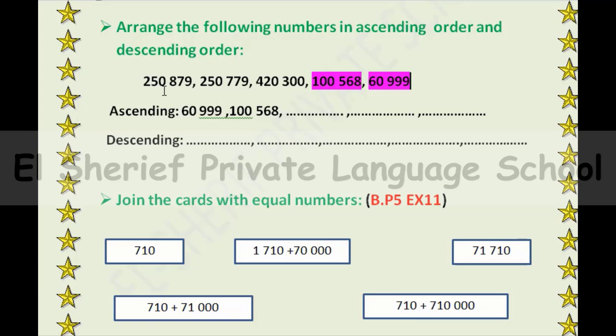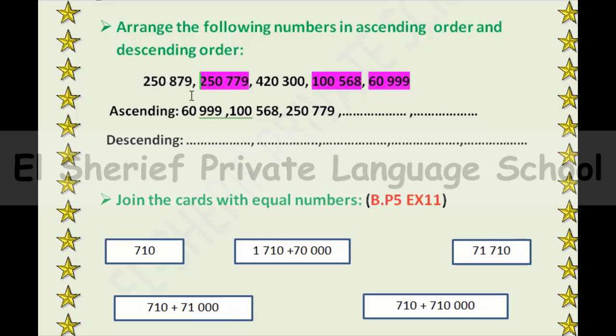In 1,000 we have 0 and 0, so we will look at 100. Here we have 8, and here we have 7, so the second one, 250,779, is smaller than 250,879, so we will put it in the third space and cancel this number.